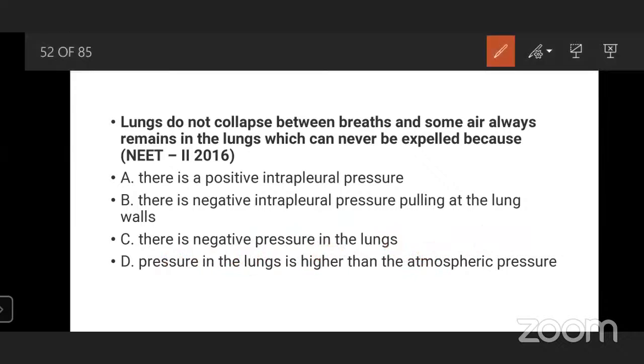So the correct answer will be negative intrapleural pressure. There will always be negative intrapleural pressure in between the breaths.